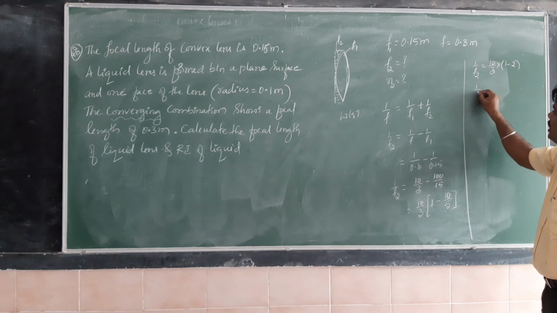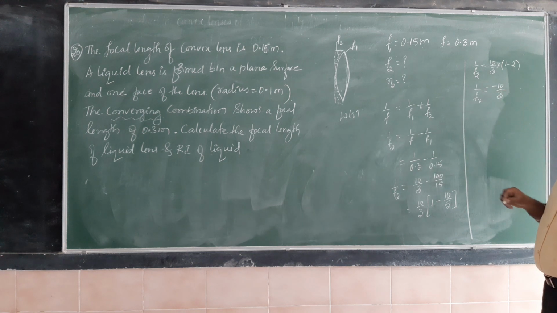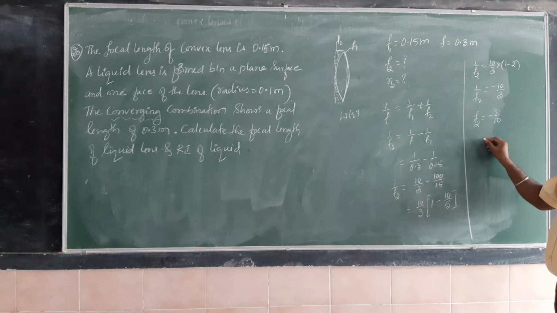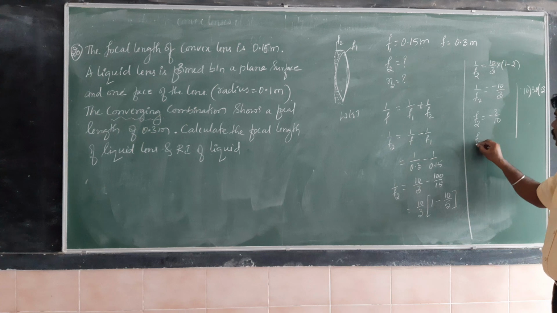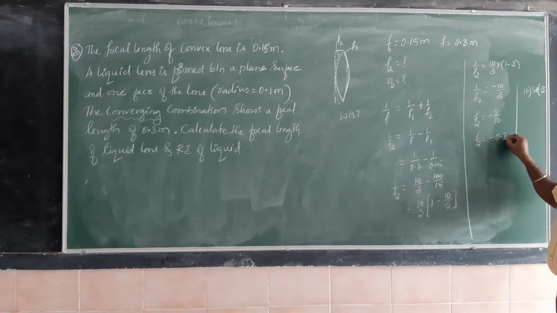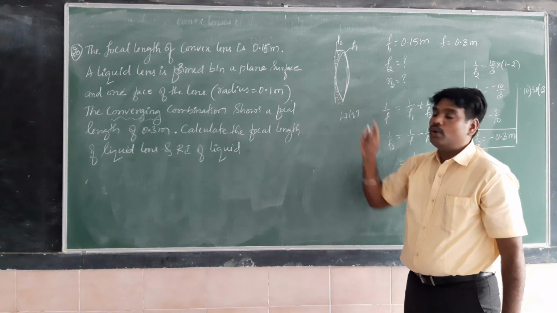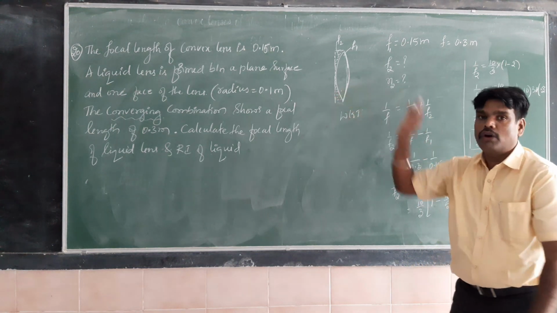You will get 1 by f2 is equal to minus 10 by 3 only. So f2 is equal to minus 3 by 10, that is, f2 is equal to minus 0.3 meter. This is the focal length of the given liquid lens. It is a plano-concave lens formed due to the liquid. We cannot say it is water only.